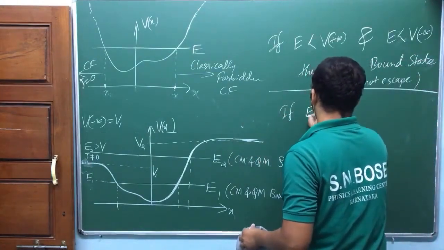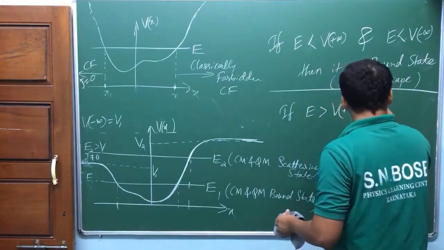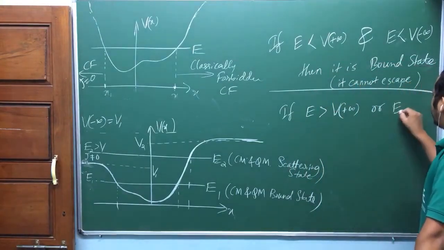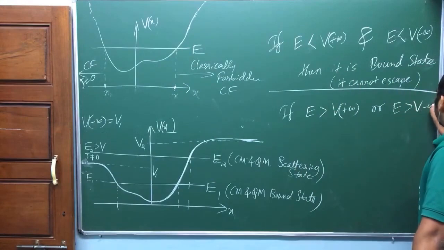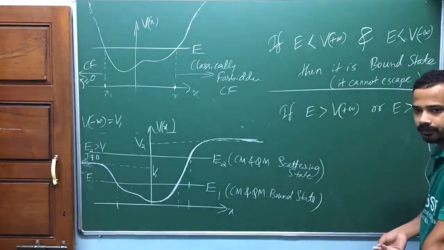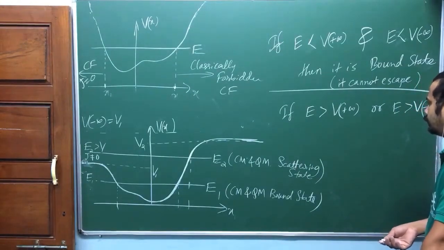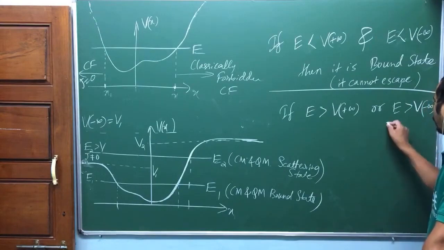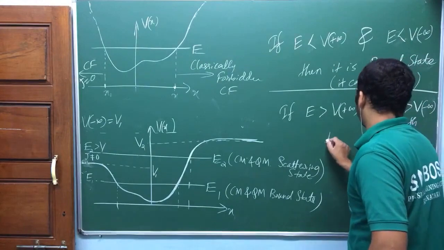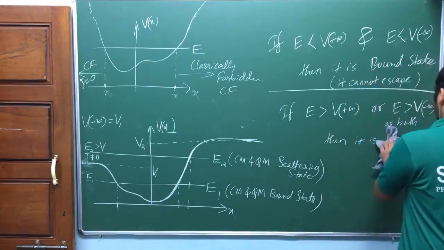If energy is greater than V at plus infinity or energy is greater than V at minus infinity or both, then it is a scattering state.